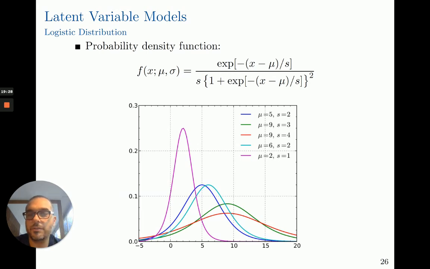In some cases, like the one in purple or the blue, it looks very much like a normal random variable with fatter tails. So these are examples of the logistic PDF.